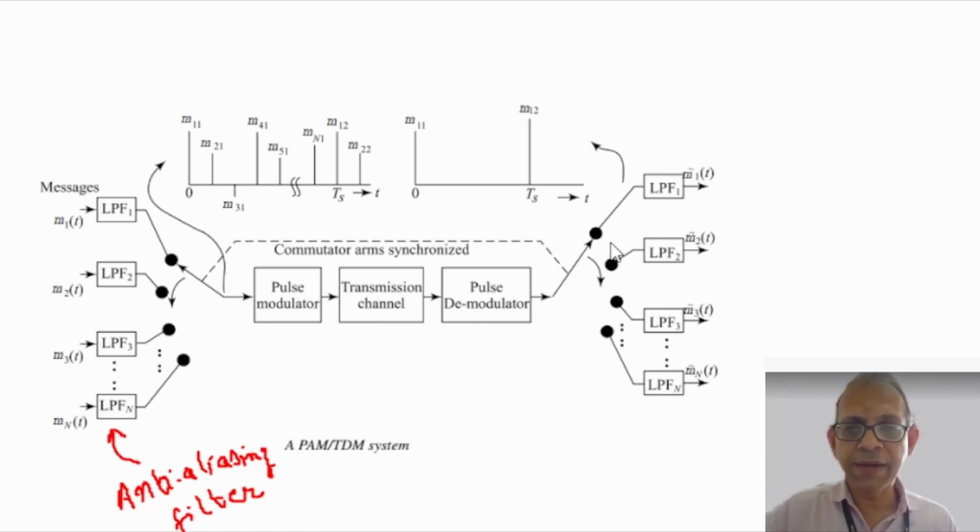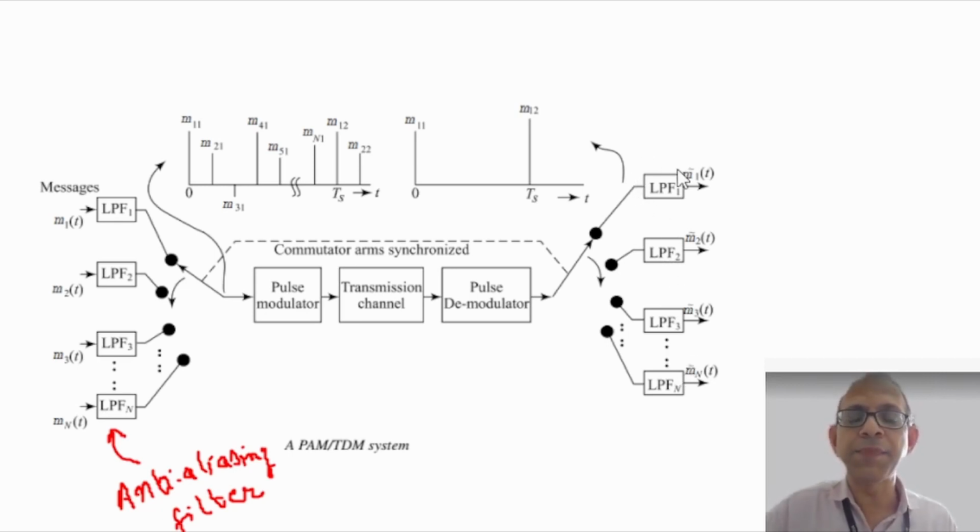At the receiving end, the receiving arm of the commutator is synchronized with the arm at the transmitter side, and therefore these samples are separated as shown here. We get the first sample of the first message, the second sample of the first message here, the first sample of the second message, the second sample of the second message, and so on.